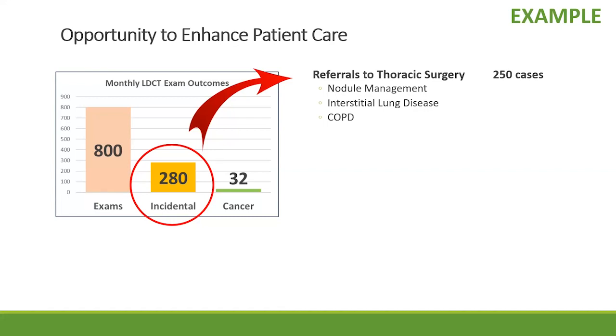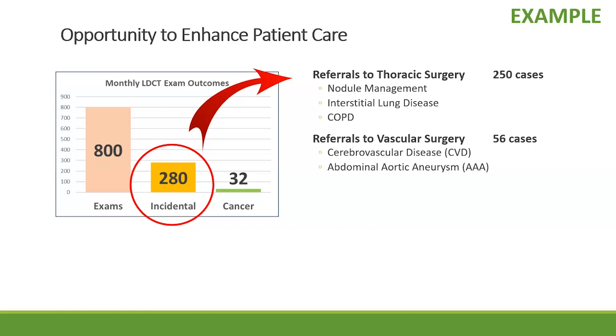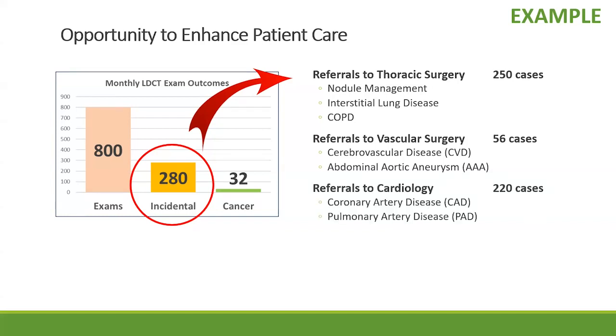There will be, according to the literature, 250 cases referred to thoracic surgery for nodule management, interstitial lung disease, COPD, and things related to lung problems. 56 cases should be referred to vascular surgery for various forms of cerebrovascular disease, abdominal aortic aneurysms, or other kinds of vascular problems.